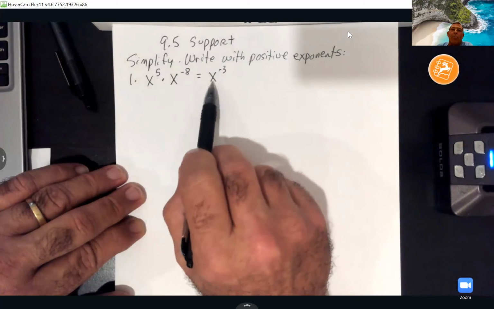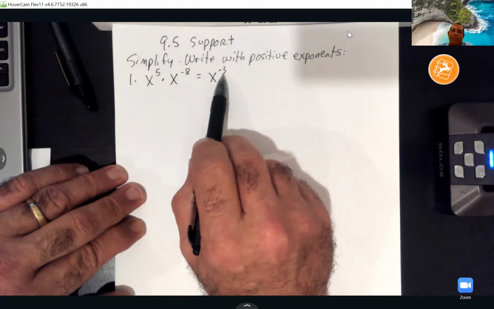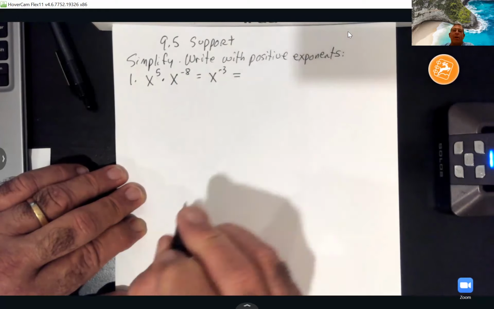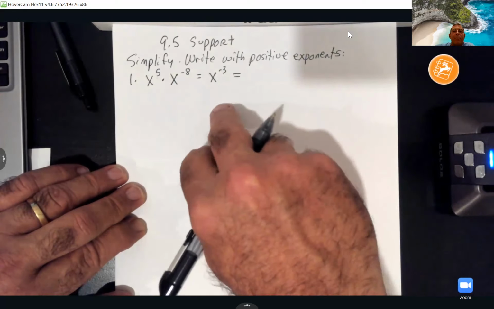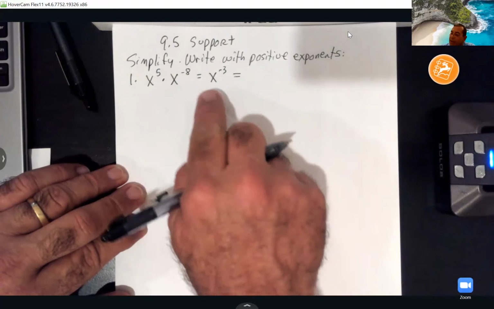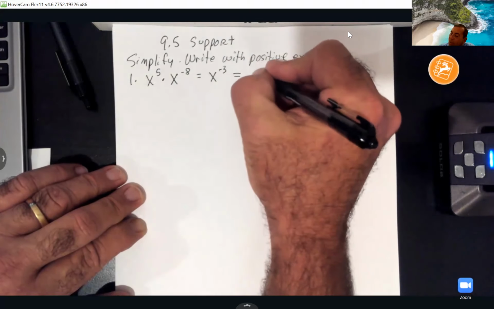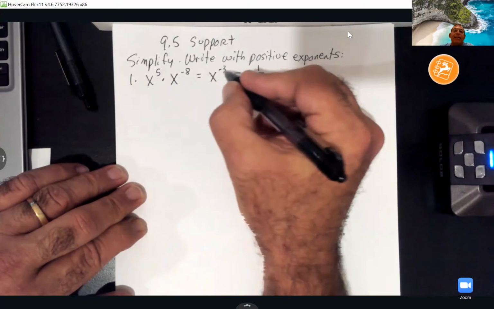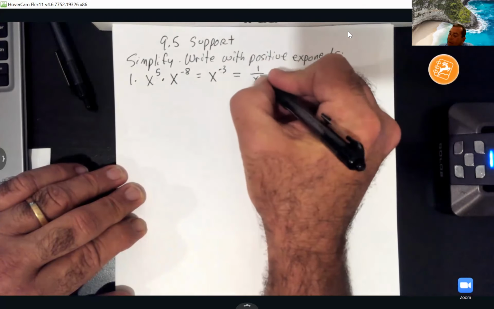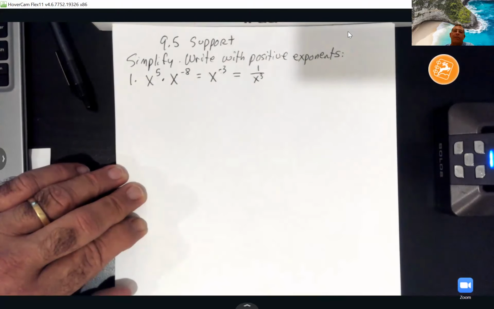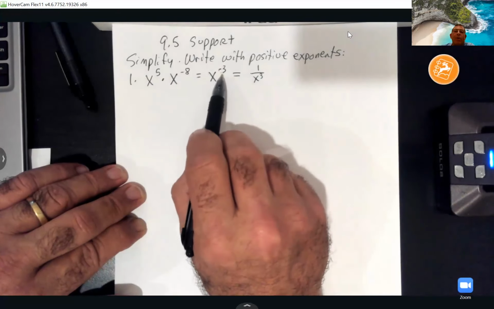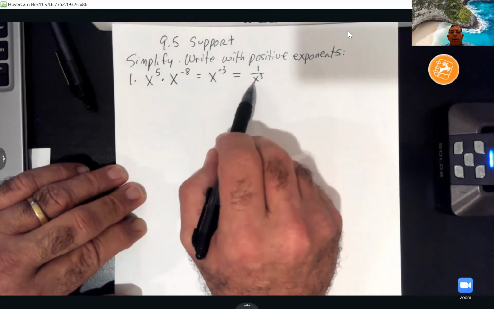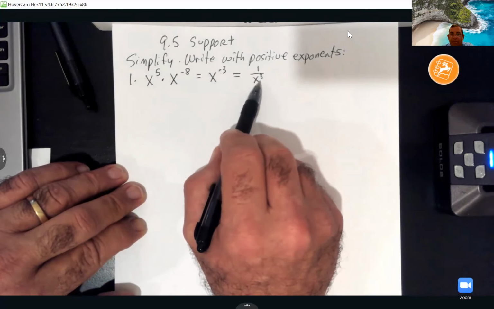This is the point where I'm going to make these exponents positive. Remember, to make exponents positive, I basically flip stuff. Since this has a 1 on the bottom, I'm going to make this a 1 over x and change that exponent from negative to positive. If your exponent is negative on top, you put it under a 1 and make the exponent positive.